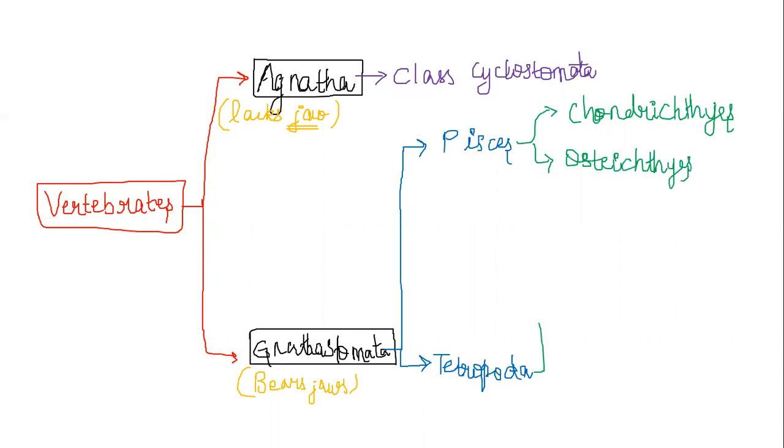At the same time, Tetrapoda is classified into 4, that is Amphibia, or amphibians, Reptilia, and class Aves.